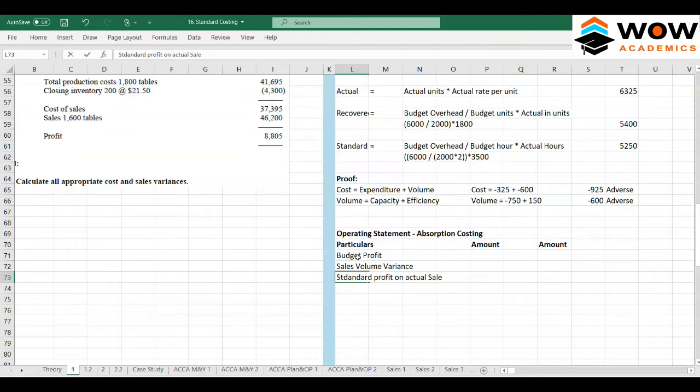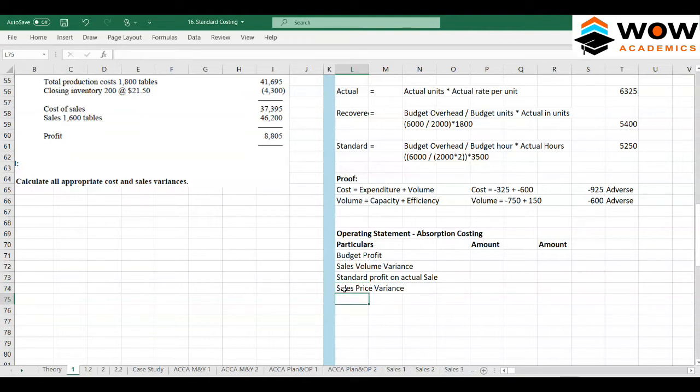Thereafter we can list all the variances. Again we have sales price variance. From there on, we just have to list all the variances.